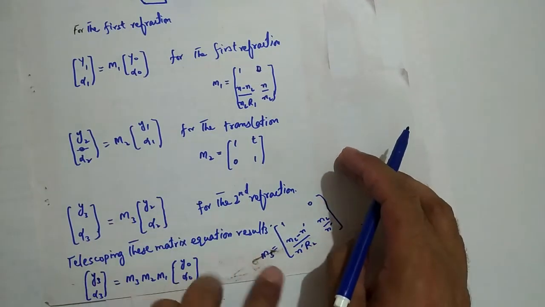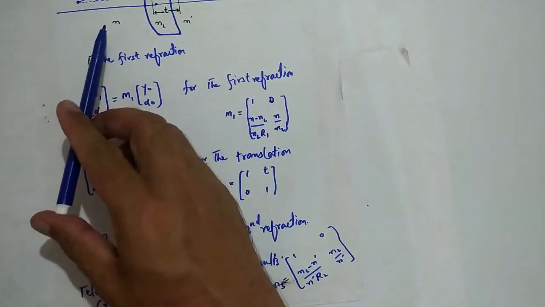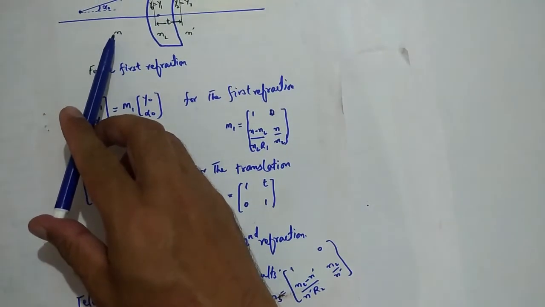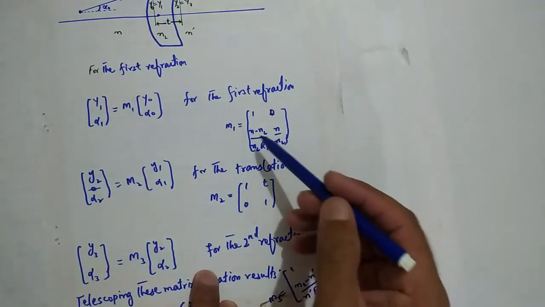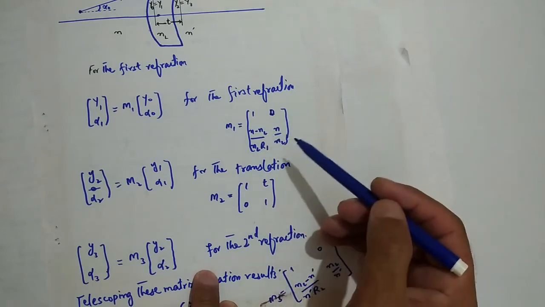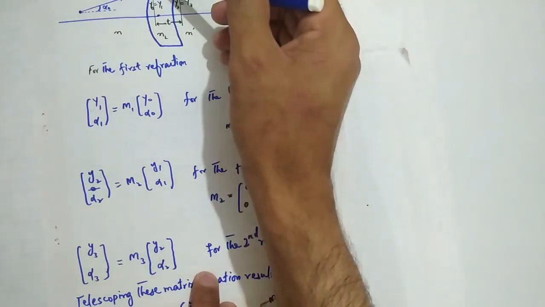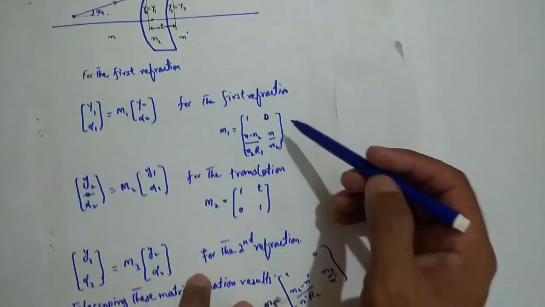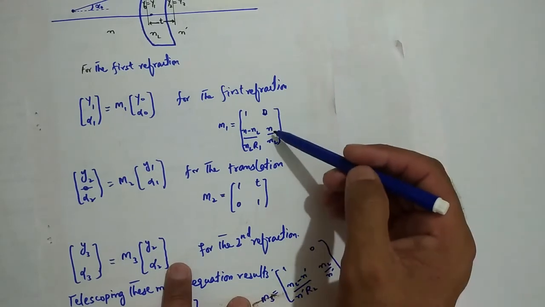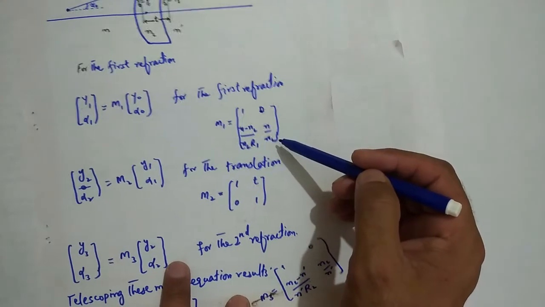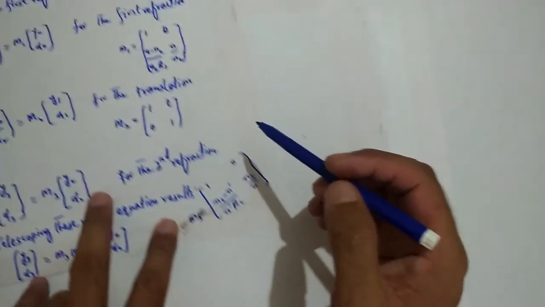Look at here. In the first refraction, the light ray was entering from a medium of refractive index n to a medium of refractive index nL. So here is n minus nL divided by nL, and here the radius of the first interface was R1. And similarly, for this element, the ratio is n divided by nL, the first medium divided by the refractive index of the second medium.